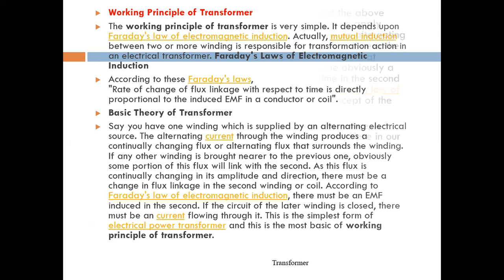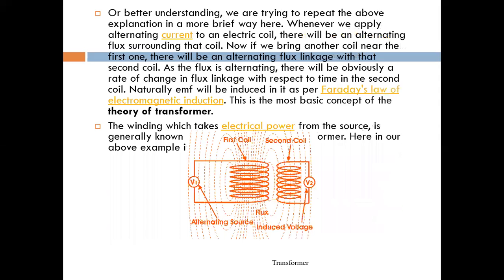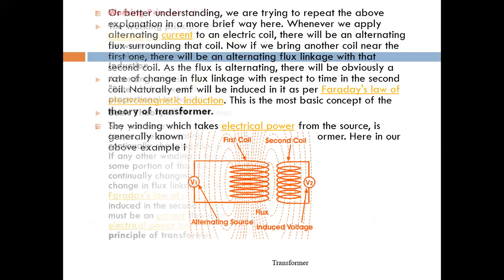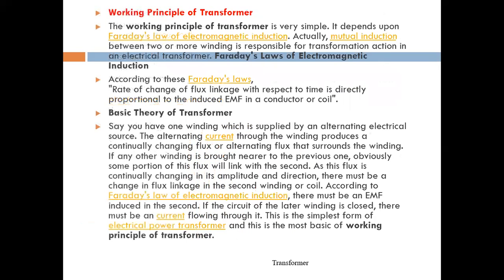So, the basic theory of transformer. Say we have one winding which is supplied from one source. Whenever alternating current flows through the winding, it produces a continually changing, or alternating, flux that surrounds the winding.